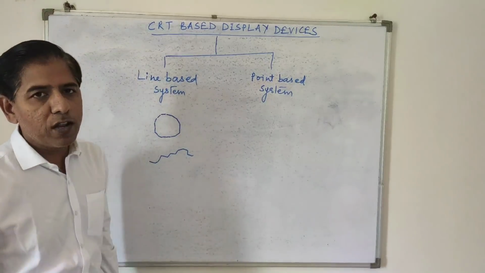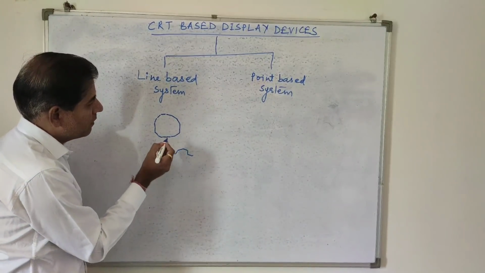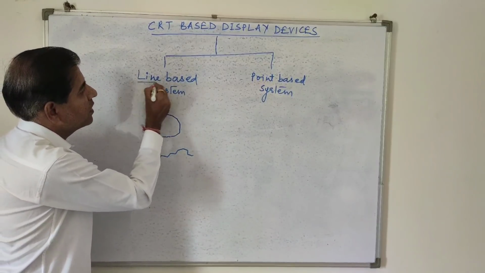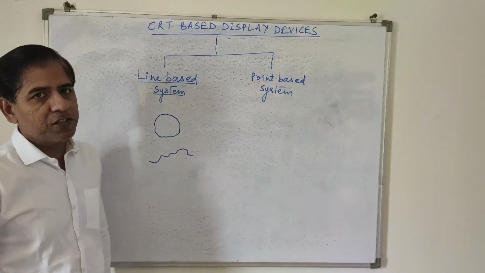If the figure is made up of small lines, then it is called a line based system.